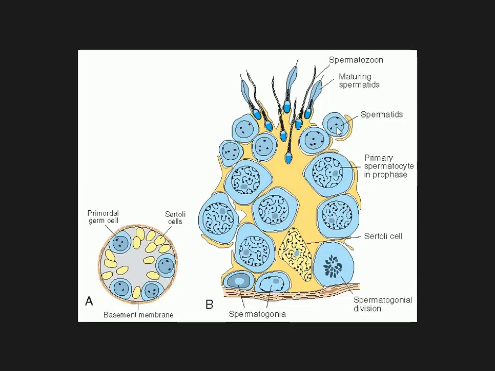The spermatid is a haploid cell, and in the final stage, spermiogenesis, we have a change in the shape and function without any change in the chromosome number or euploidy.